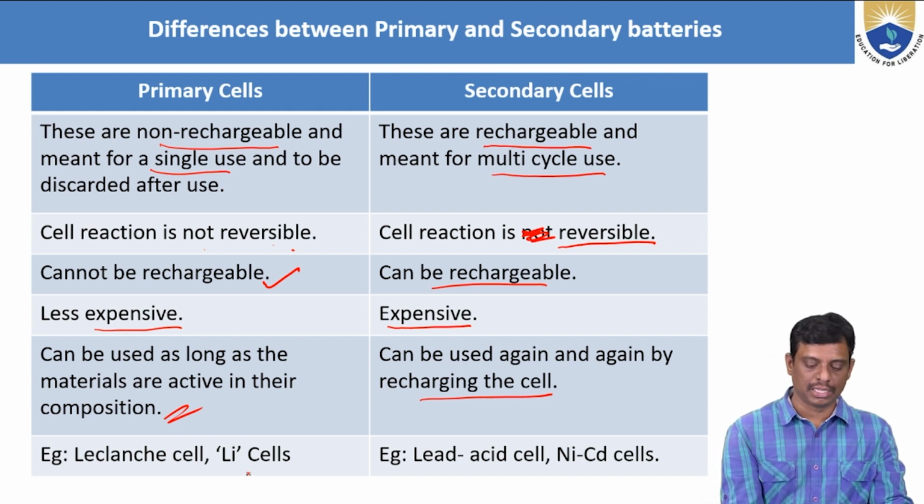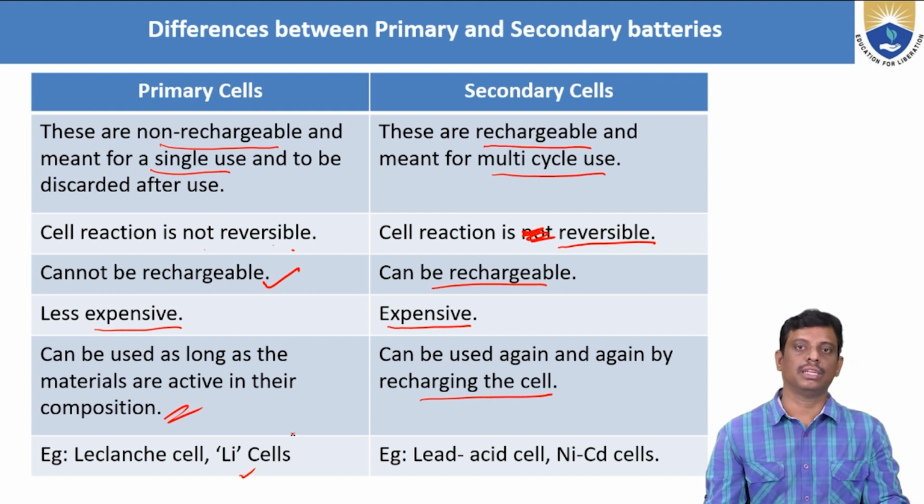The best examples of primary batteries are the Leclanche cell or lithium cells. We already discussed the dry cell, that is the Leclanche battery, and the mercury cell. These are the primary battery examples. And the secondary battery examples are the lead acid battery and the nickel cadmium battery.